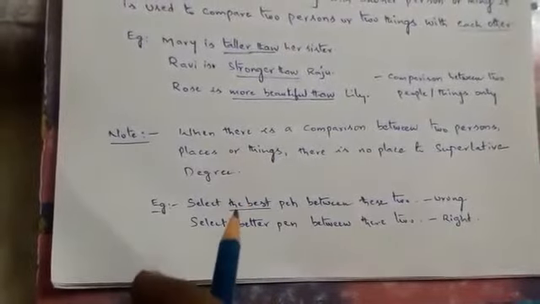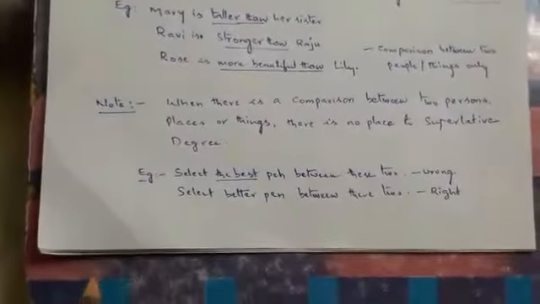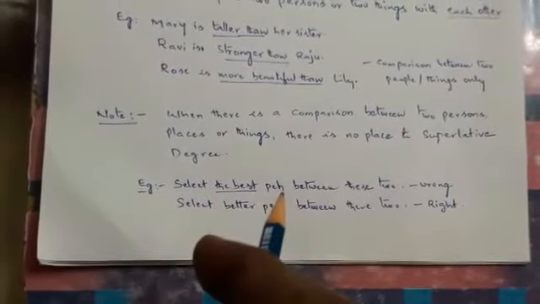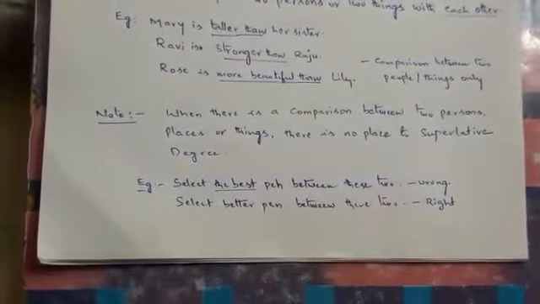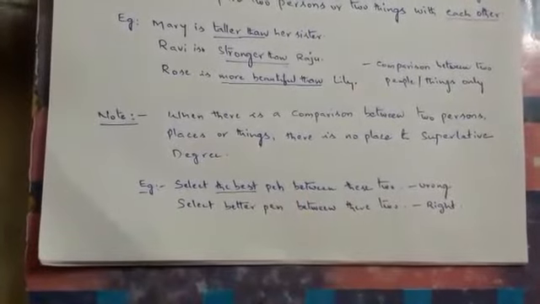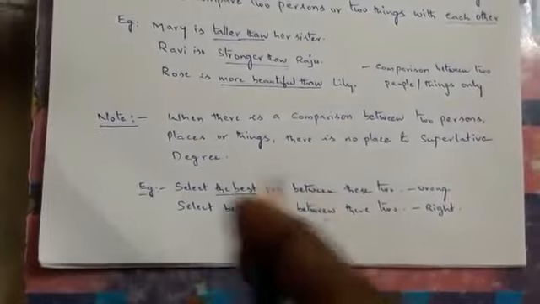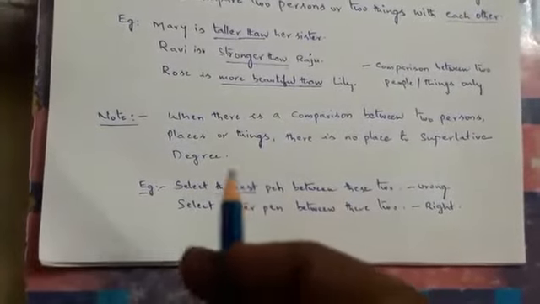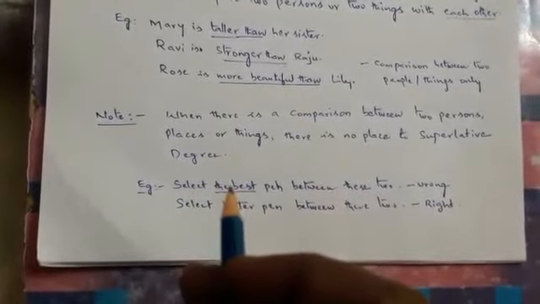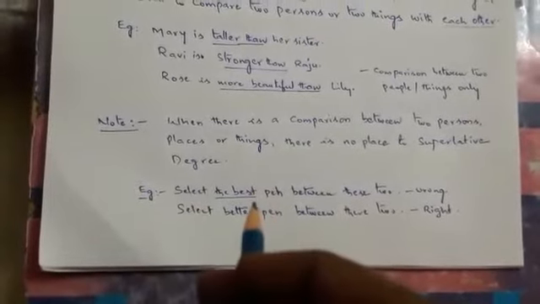Using it in superlative is to be considered wrong. For example, select the best pen between these two. It's a wrong usage. Why? Because when two pens are there, you should not go with the superlative form of the adjective, that is the best.